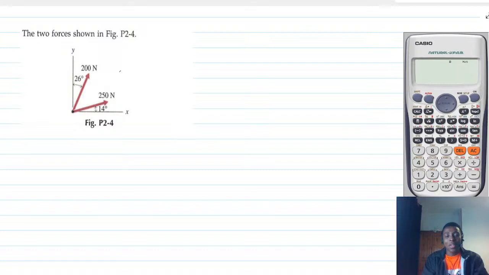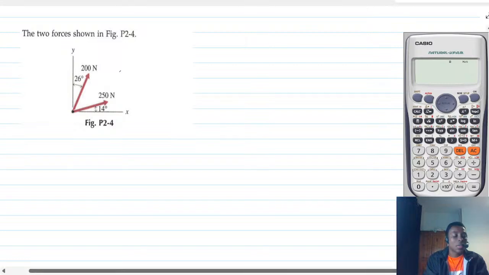Okay, so what is the parallelogram law? The parallelogram law is saying that whenever you have two forces, you can add them using the parallelogram law.